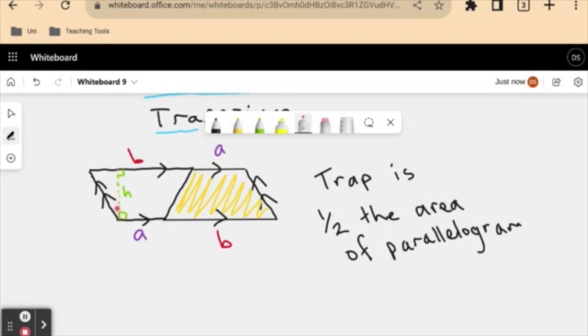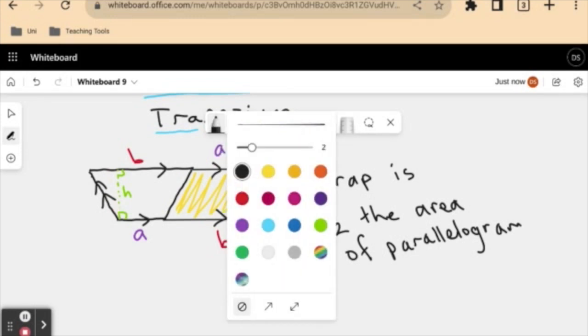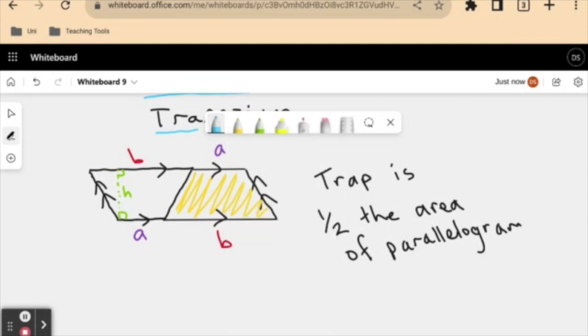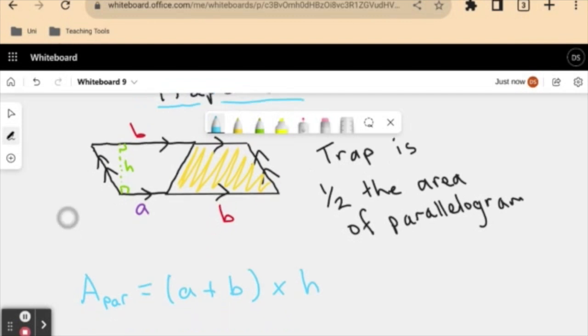So we have an area of, so the area of the parallelogram, I'm just going to write this little subscript here, is our side A plus B multiplied by the perpendicular height, h. And that's our entire parallelogram, but our trapezium makes up half of that.